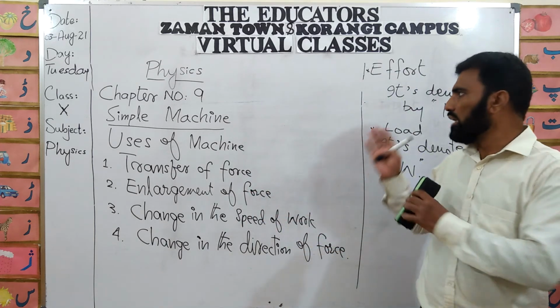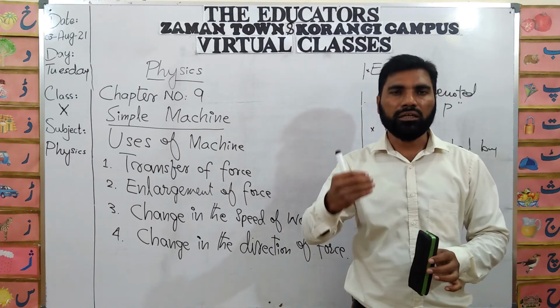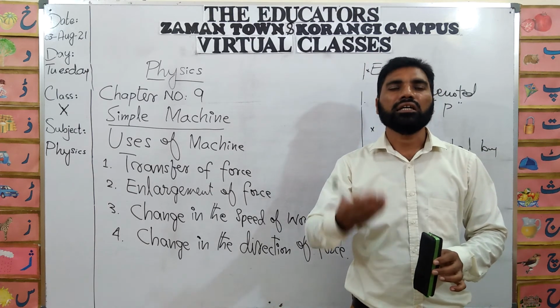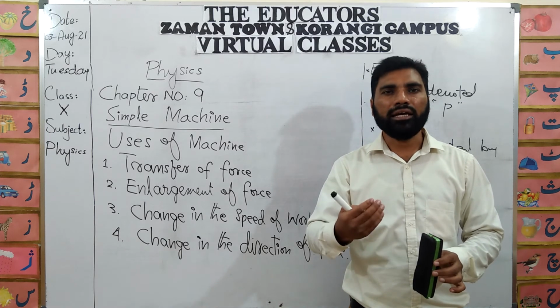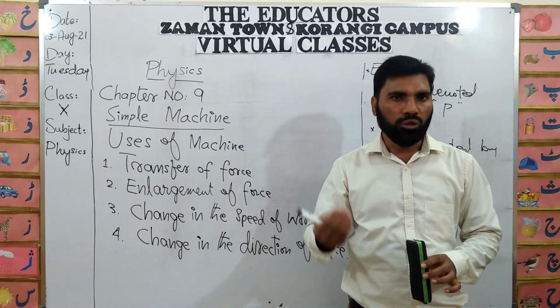I hope you have got the difference between effort and load. The force applied on the machine is called effort. The force applied by the machine on any object is called the load.